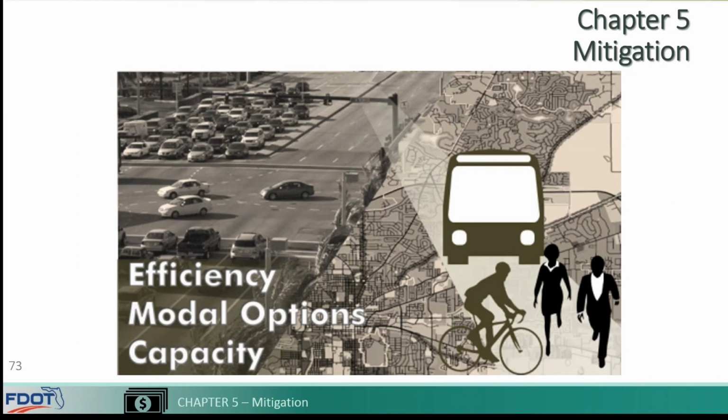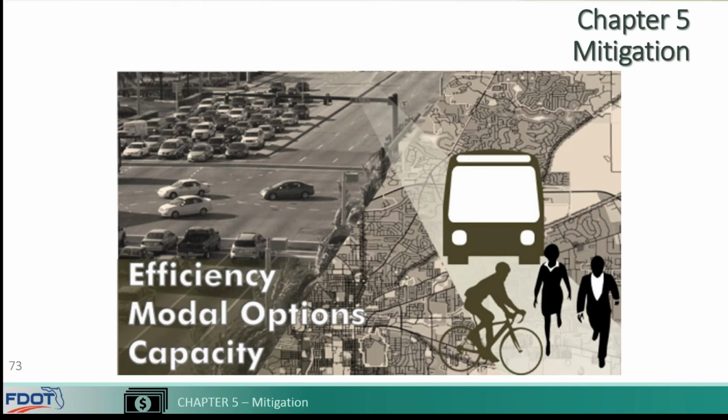One of the overarching themes of that chapter is that, whereas before, mitigating for the impact of development used to only be considered as adding lanes or turn lanes, things like that, now we're looking at 3 different categories of mitigation strategies.